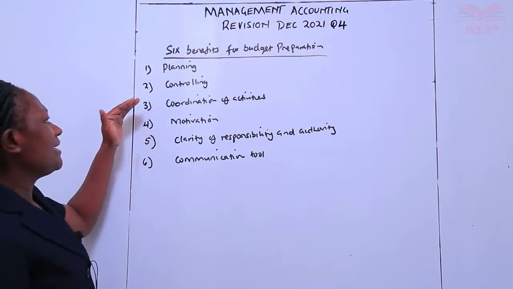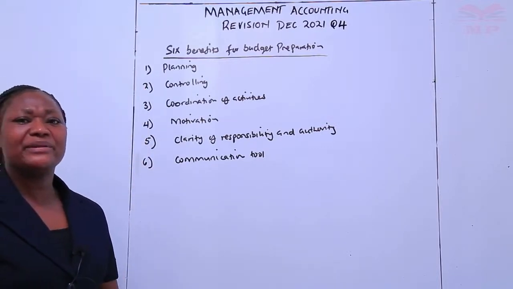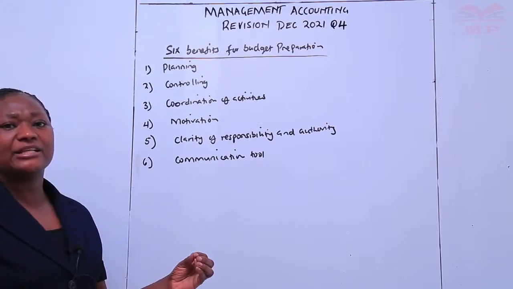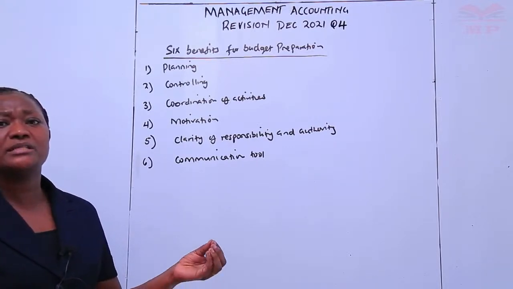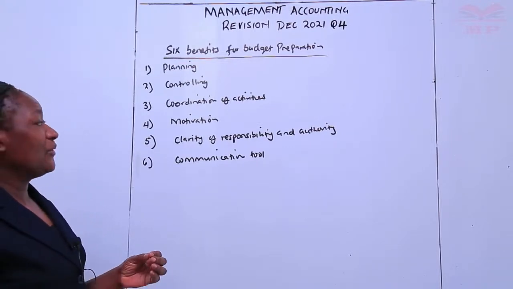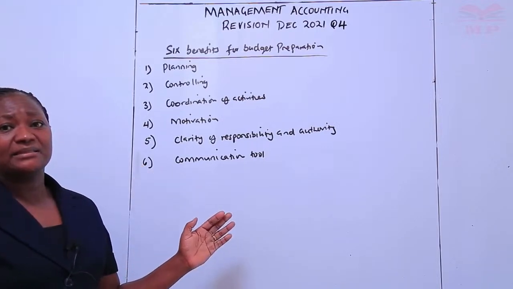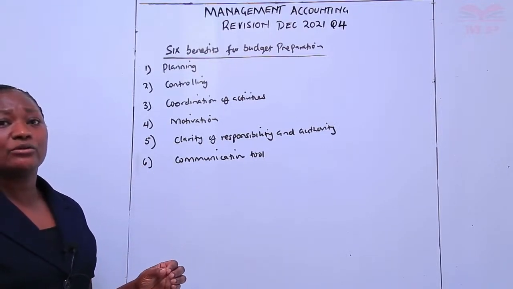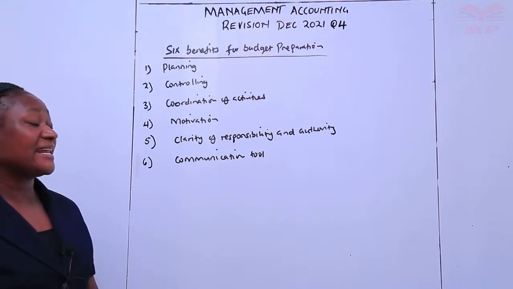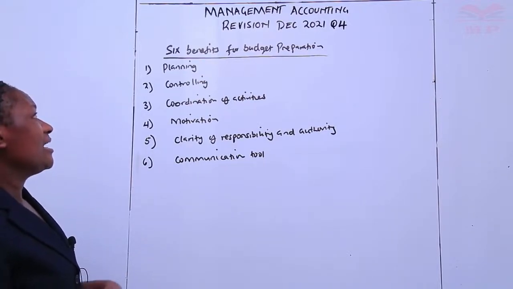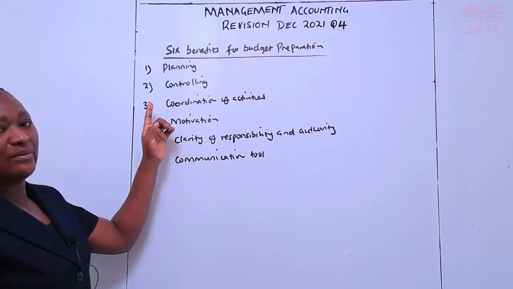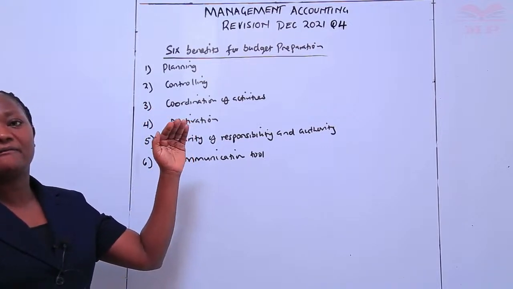And then controlling is simply where we are looking at the actual results and that which was budgeted, so that we see whether there are any variances or discrepancies that will help an organization or the management to know the necessary actions to be undertaken. So through budgeting, we can do the controlling function.